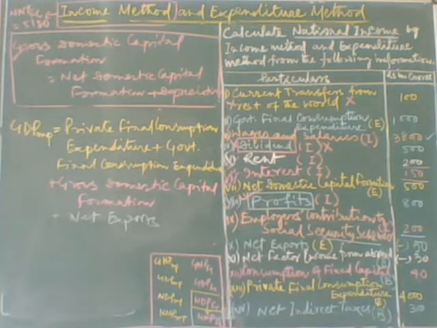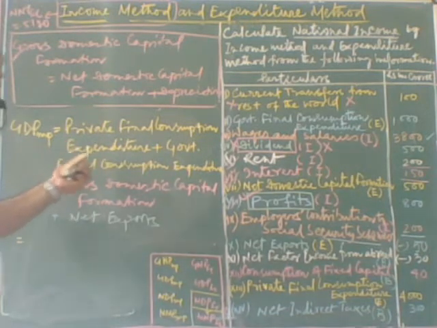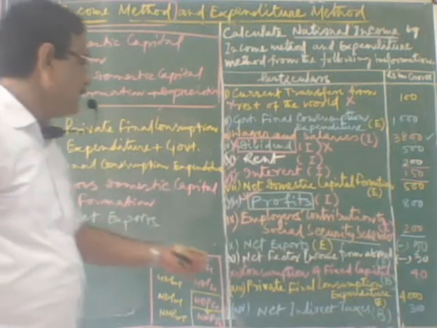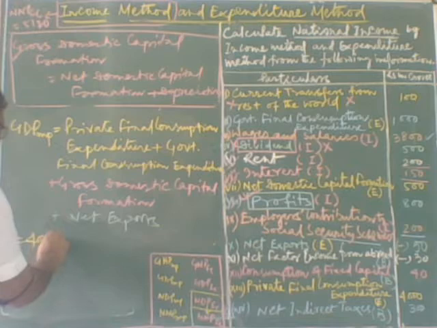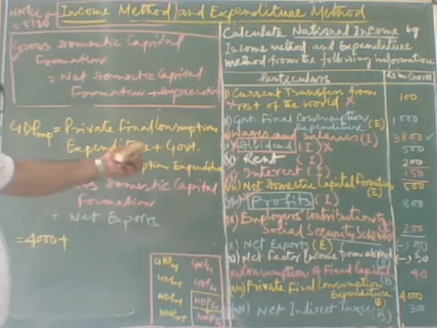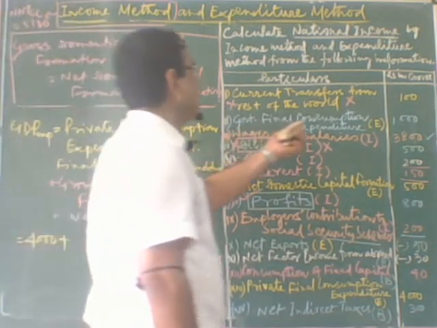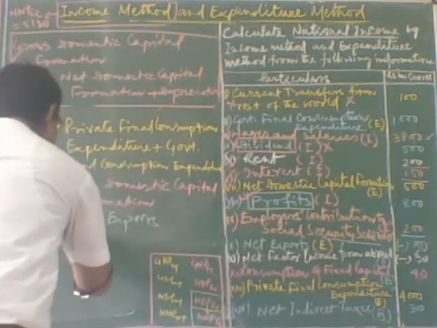Now we have to put the values one by one. The value of private final consumption expenditure is 4,000. Plus government final consumption expenditure, that value is 1,000.